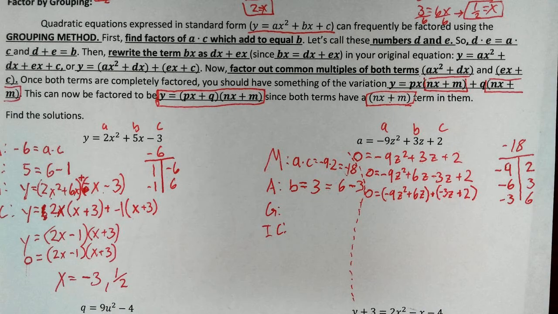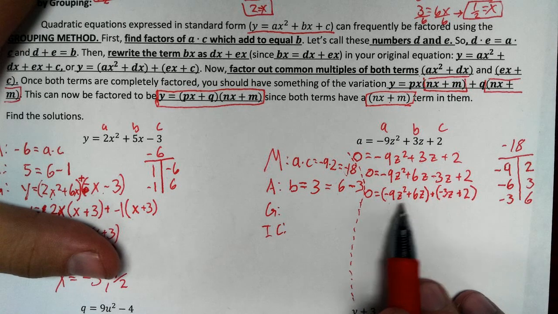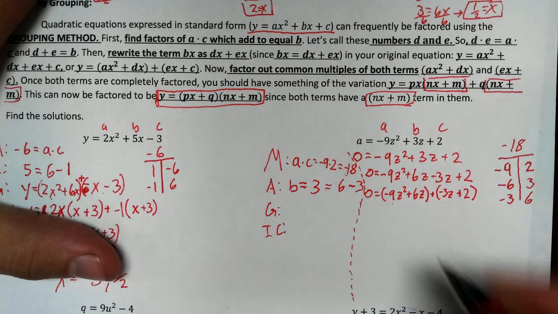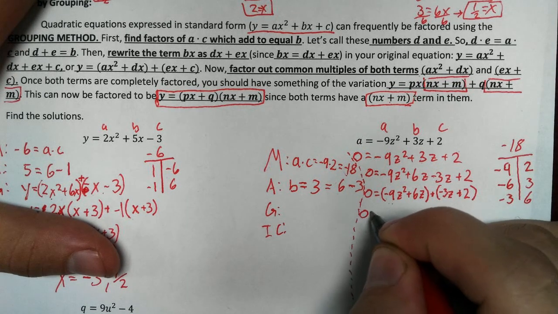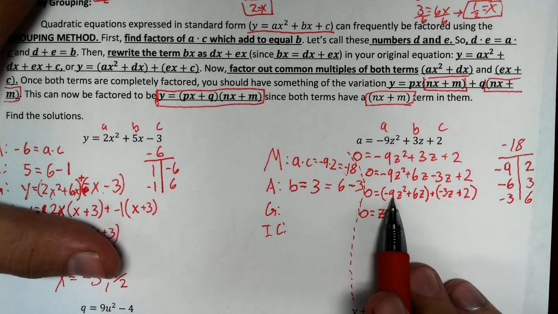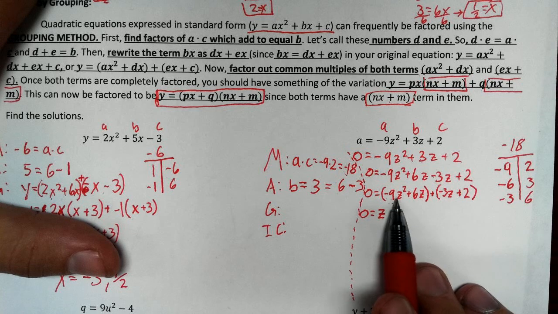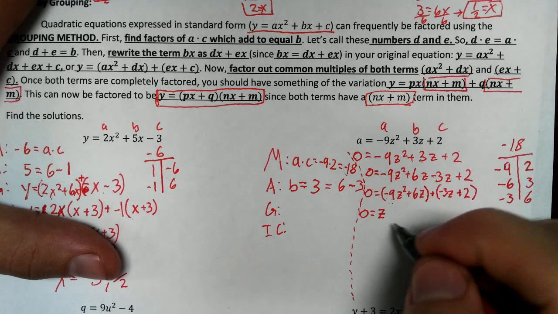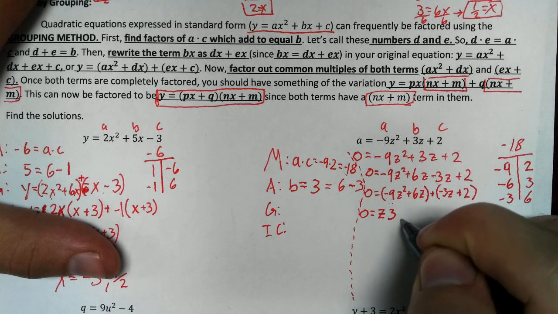Okay? So now, what can I factor out? What can I factor out of this one? What do they have in common? Well, they do have a z in common, so we'll go ahead and factor that out. And what else do they have in common? Right, 9 and 6, they have a factor of 3, so we'll go ahead and pull out a 3.